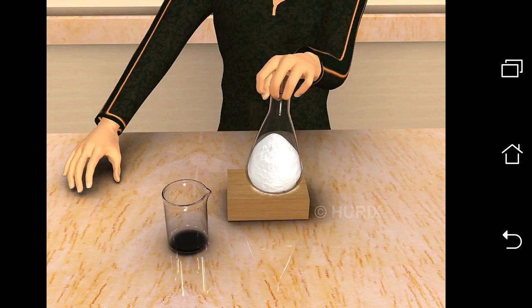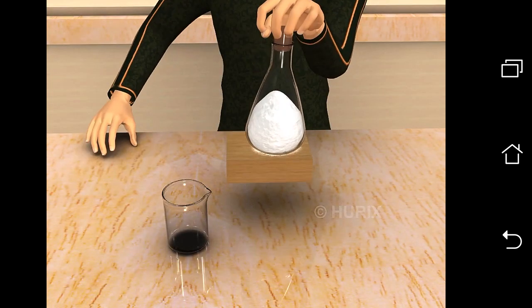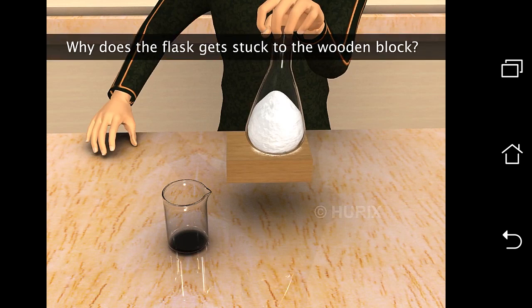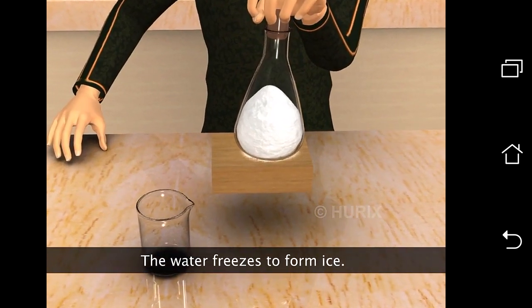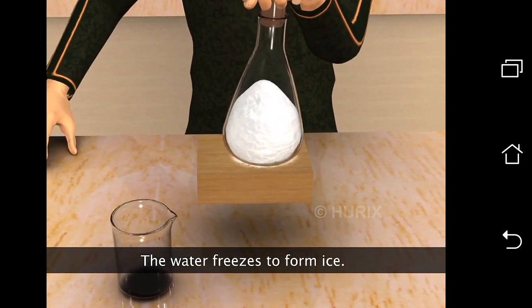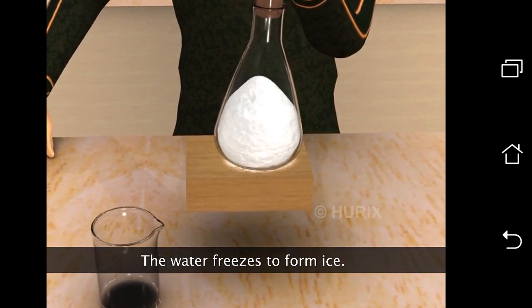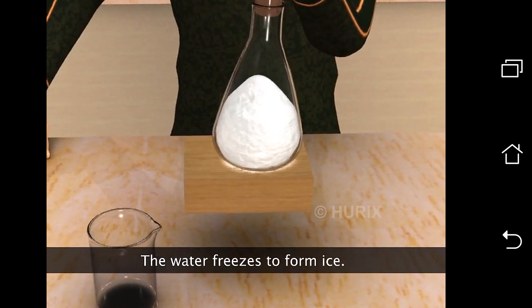After some time, the flask gets stuck to the wooden block. Why? As the reaction proceeds, the temperature drops to such extents that even the water on the wooden block freezes. Ice can be seen on the bottom of the flask.